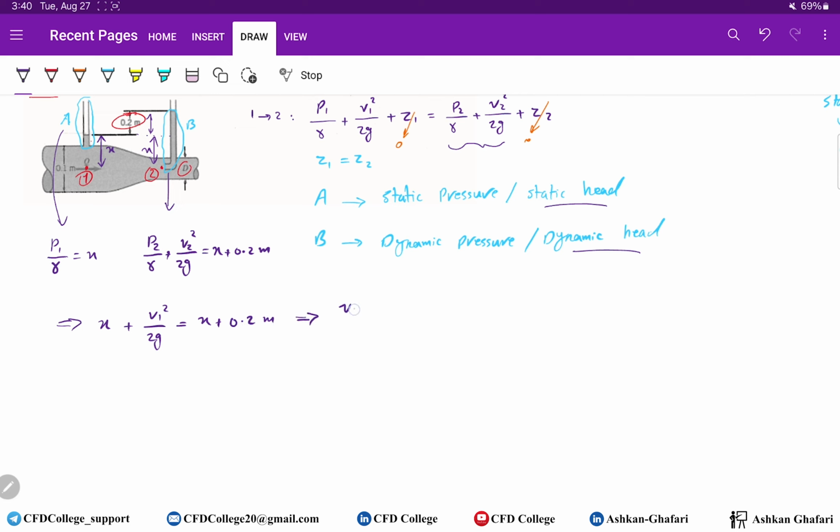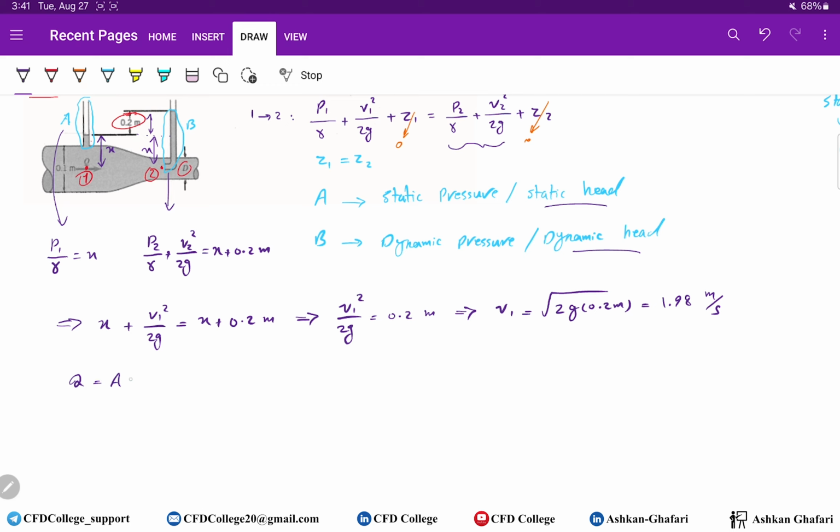So v1 square over 2g equals 0.2 meters. So v1 can be found as square root of 2g times 0.2 meters, which equals 1.98 meters per second.